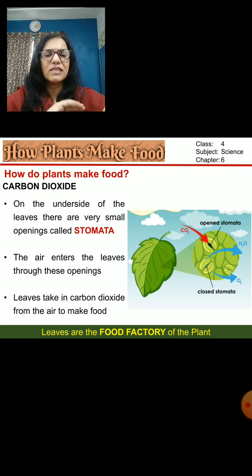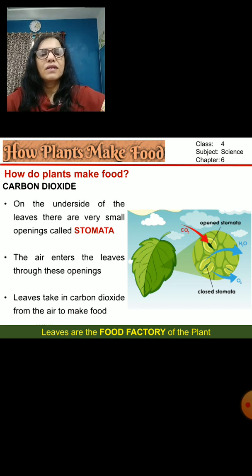The air enters the leaves through these openings and gets trapped in the stomata, and then the stomata close. You can see in the picture, in the open stomata, the air gets trapped and then the stomata close. And this is how carbon dioxide is taken in by the leaves from the air to make the food.